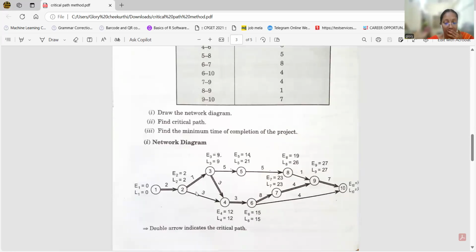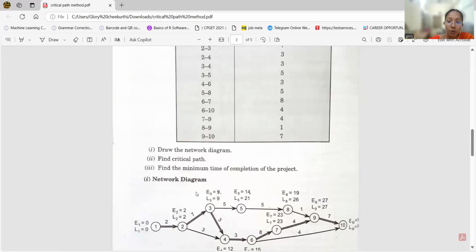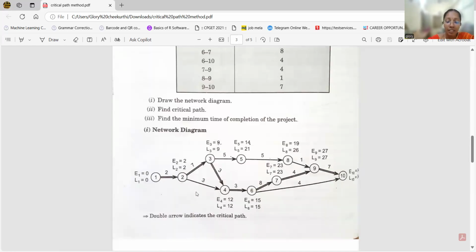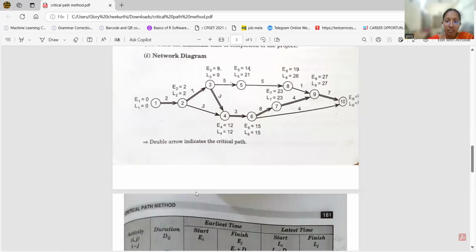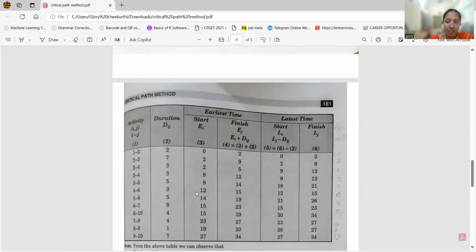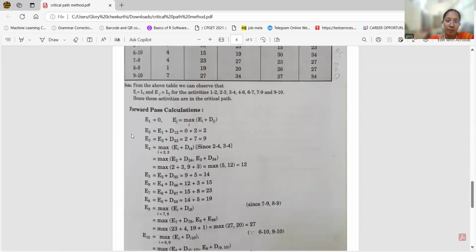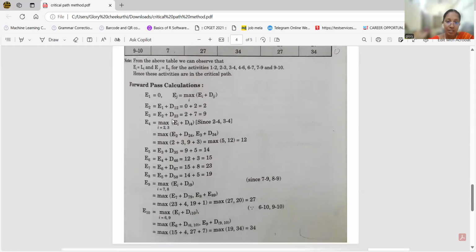This is how you do it without formulas. When we use the formulas, we use this one. Forward pass calculation: E1 equal to 0, taken as the initial node equal to 0. If a node has coming from two activities, then the maximum value is taken.